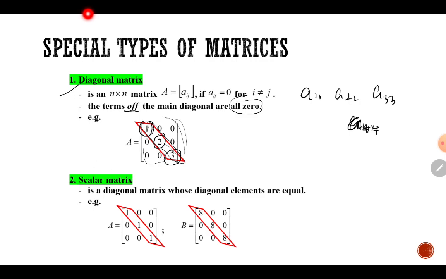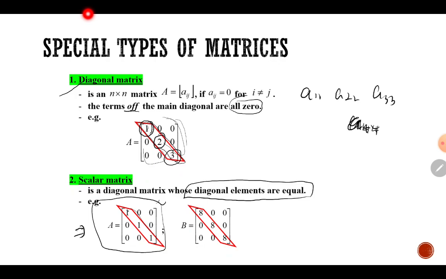Whereas a scalar matrix, yang ni yang kita dah discuss tadi. Sebenarnya kalau you tengok ni, okay, matrix A ni is an identity matrix. Actually, that is number 3 nanti pun sama. Okay, a diagonal matrix whose diagonal elements are equal. Are equal maknanya A11 sama dengan A22 sama dengan A33.